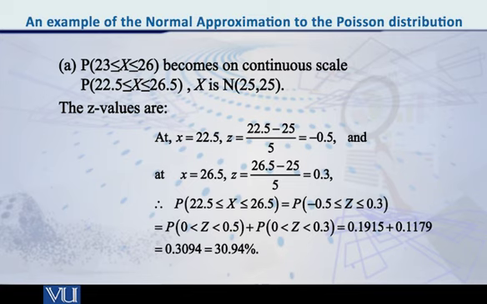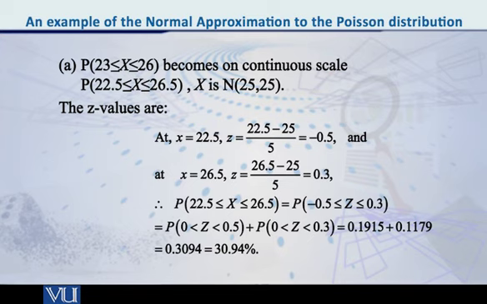Therefore, the standardization formula that we now have to apply, z is equal to x minus mu over sigma, can be written as z is equal to x minus 25 over 5. Now, the two limits for the area we want to find, let's put them in one by one. When x is equal to 22.5, z comes out to be minus 0.5.